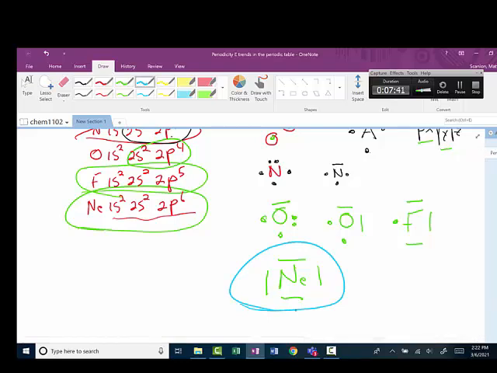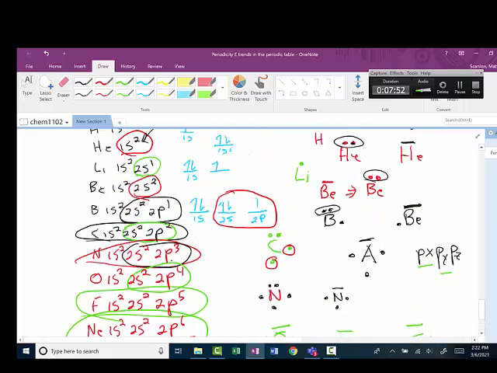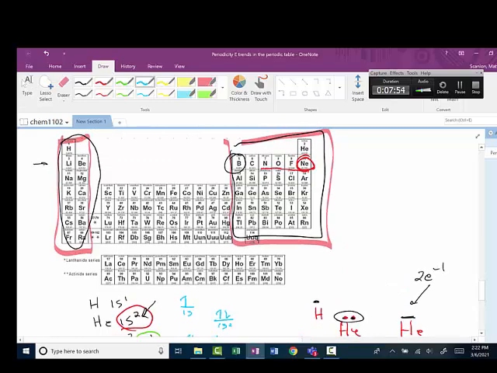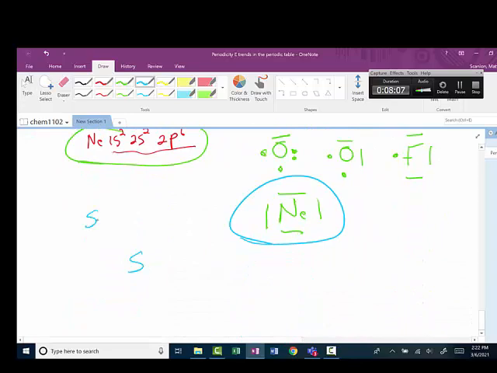Okay, so this is the relationship. You should be able to do something like sulfur. Go ahead and try sulfur. Pause the video and do it. All right, so if we look at the Lewis electron dot structure for sulfur, the valence is 3s2, 3p4, and so I would come down here, sulfur, 3s2, 3p4, and it would look like, here's my 2 s electrons, then 1, 2, 3, 4, or I could have drawn it like that.